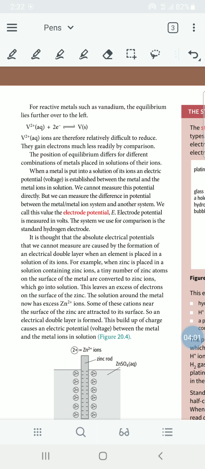developed. This electrode potential is represented by capital E and is obviously measured in volts because it is potential. And the standard system that we use to compare this is the standard hydrogen electrode.